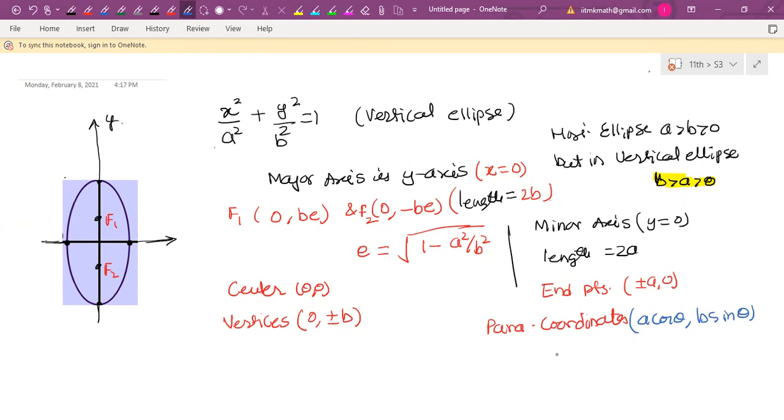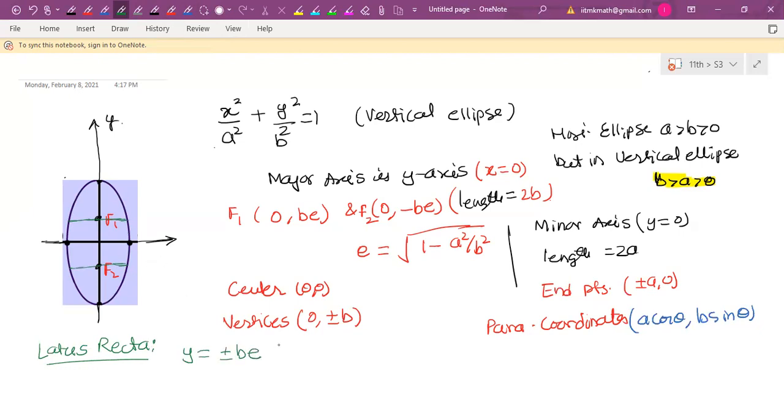And of course, there is a change in the latus rectum also. The latus rectum will be somewhere here, and the second latus rectum will be here. If we talk in plural, the latus recta, the equations are y is equal to plus minus be.